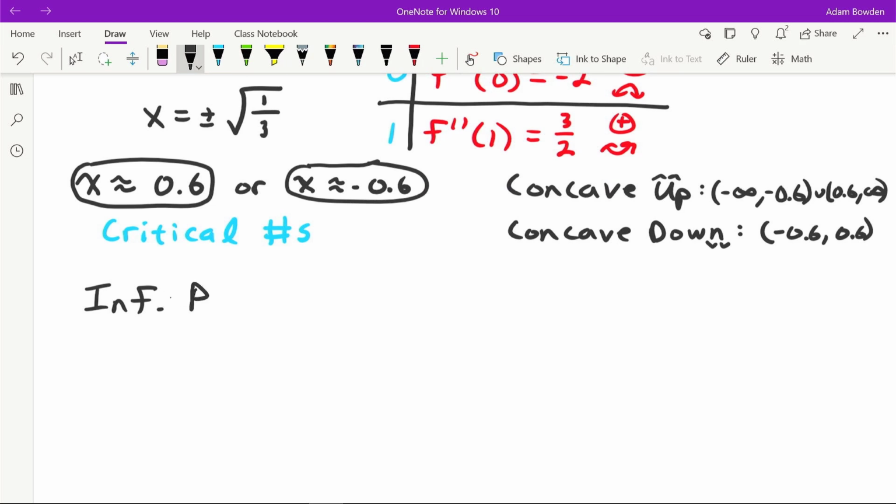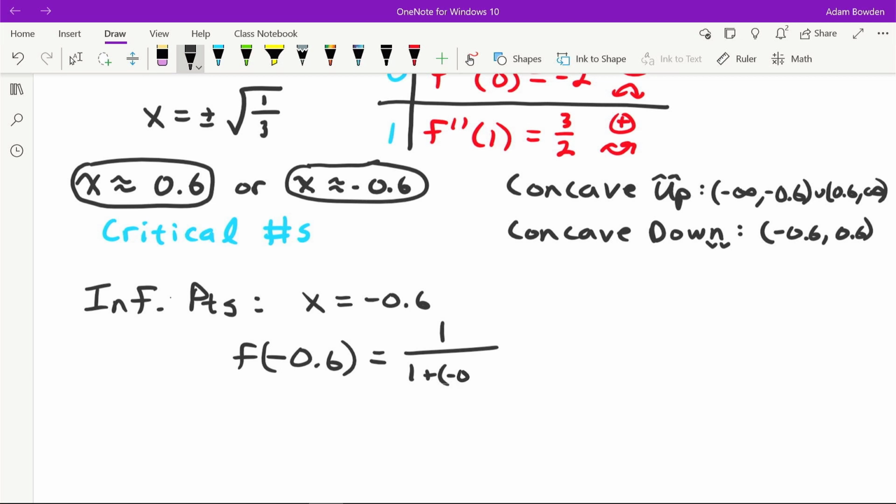The inflection points: for x equals negative 0.6, if I go back to the original function f and plug in the number negative 0.6 inside there, let's see what that looks like. 1 divided by 1 plus negative 0.6 all squared. It's going to give us a value that I rounded to 0.7.